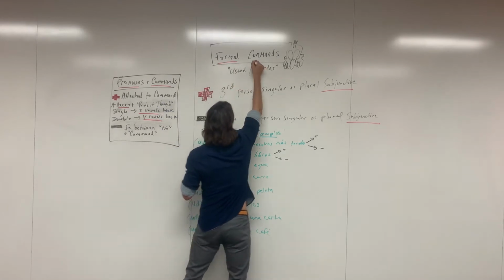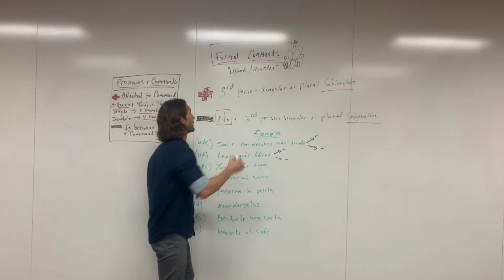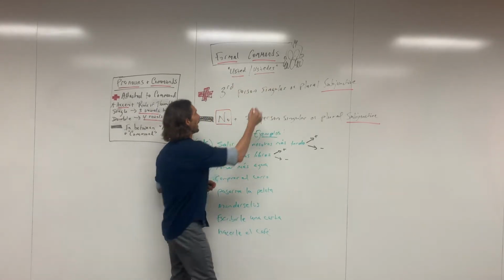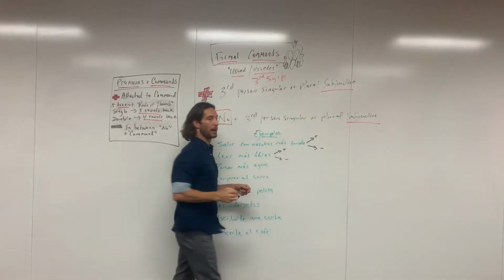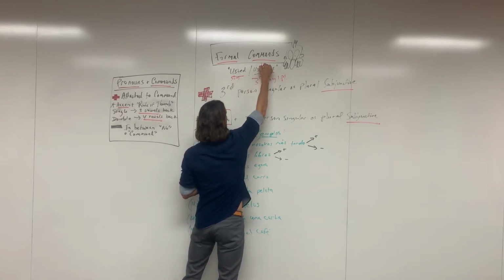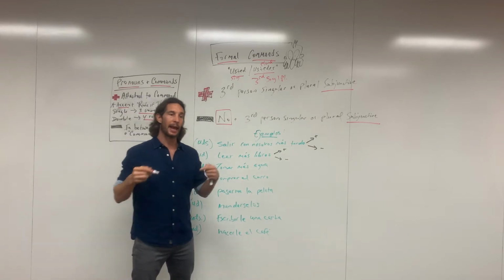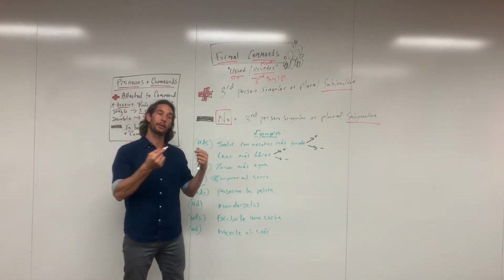We're doing formal commands, and another way of looking at that is usted and ustedes commands. Really that's third person singular and plural, with usted being singular and ustedes being plural. So we're looking at how to make commands with third person singular and third person plural.